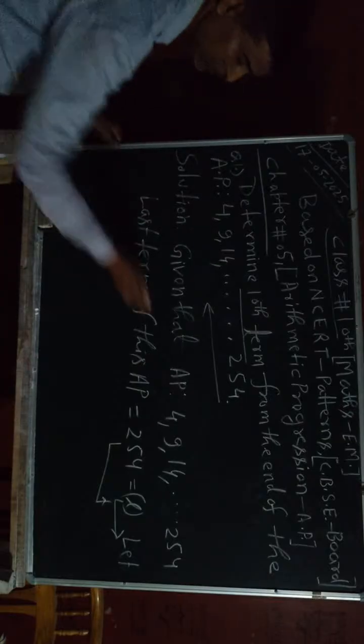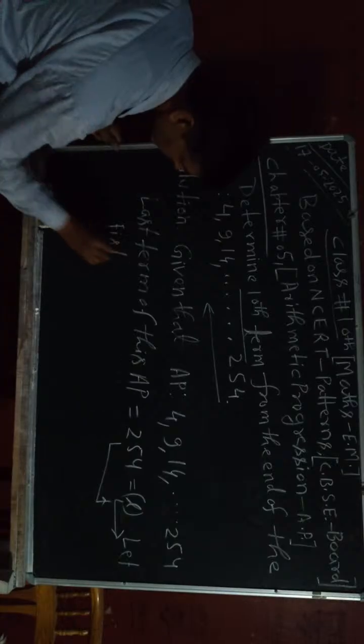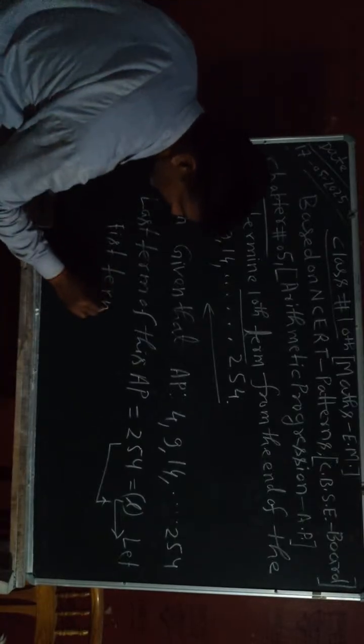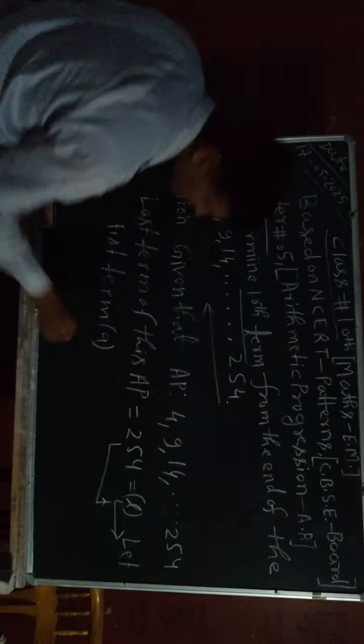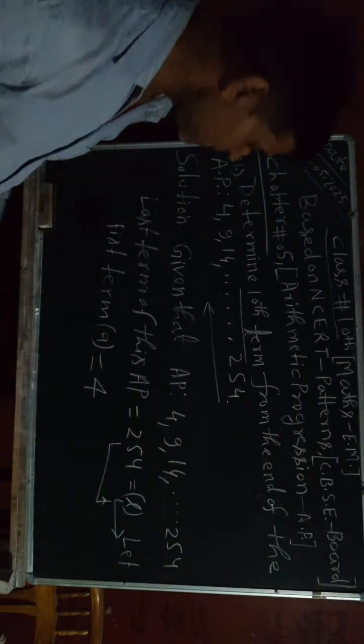Okay, student. Now further I have to write the first term of the given AP series. That is the first term of an AP, which is written with a, and that value of a is 4, which is given in the question. Okay, student. So already I have written here.